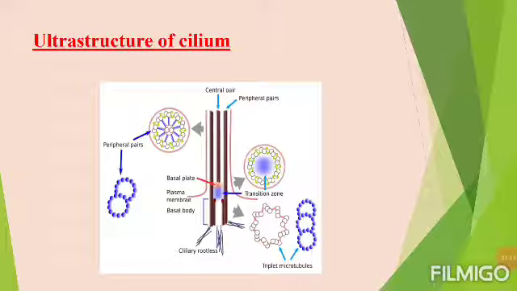The subfibril A gives out 2 thick projections or arms from its one side. The arm of the subfibril A of all the outer fibrils remains directed in a clockwise direction. Further, the subfibril A occurs more closely to the center of the cilium than the subfibril B. Both the subfibrils have a common wall of 50 angstrom.